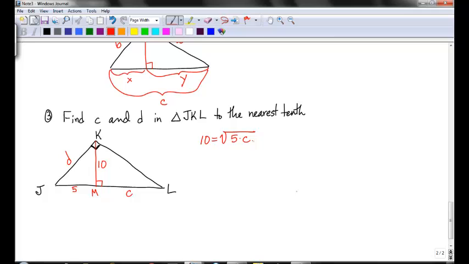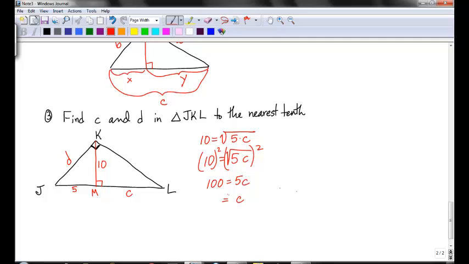Square both sides. So you'd have 10 equals the square root of 5C. You square this side and square this side, and all that's going to do is get rid of the radical. So you'd get 100 equals 5C. Divide by 5 on both sides and C equals.